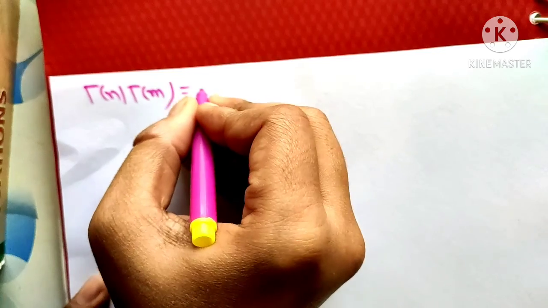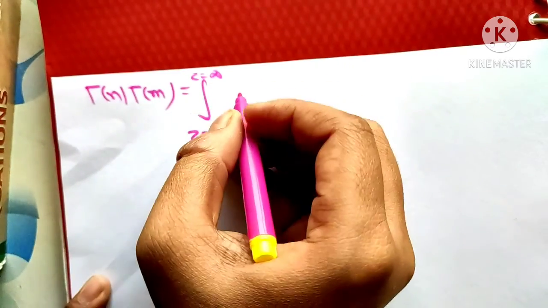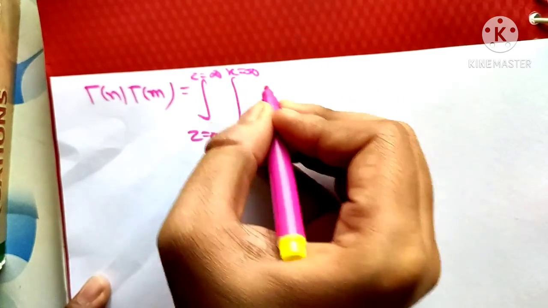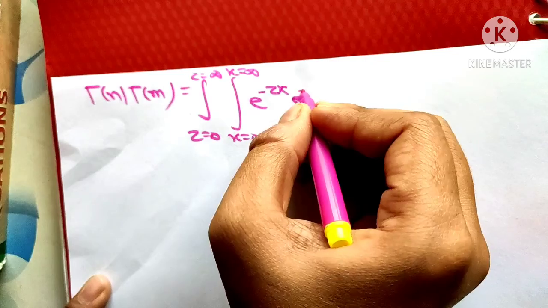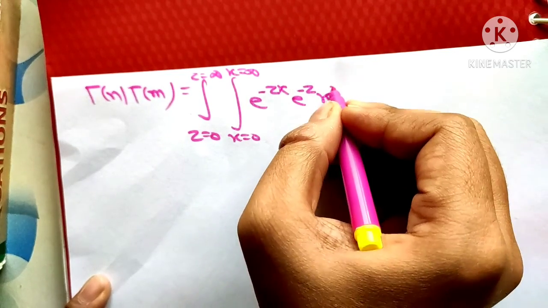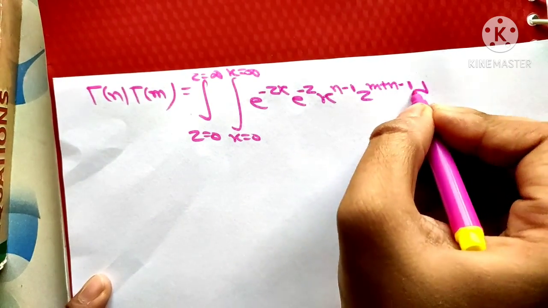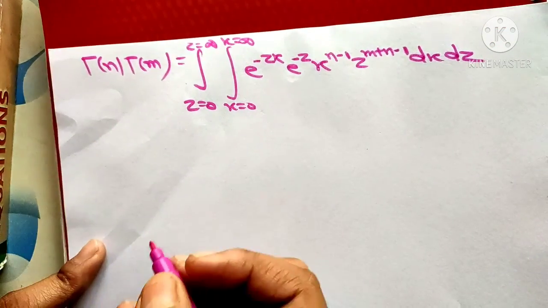So gamma n gamma m is equals to the integral z from 0 to infinity, x from 0 to infinity of e to the power minus zx, e to the power minus z, x to the power n minus 1, z to the power m plus n minus 1 dx dz. We just take both integrals together.